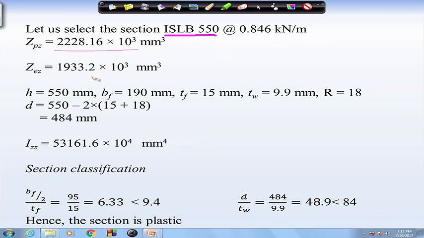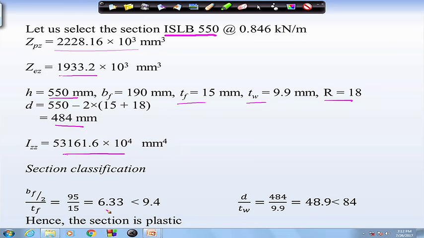And also we found the value of ZEZ, then the overall depth, small d, we can find, and also we can find the TF, TW, root radius, and IZZ. Also we can find the section classification.